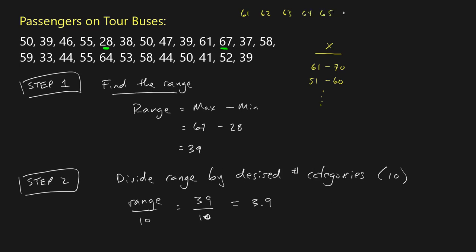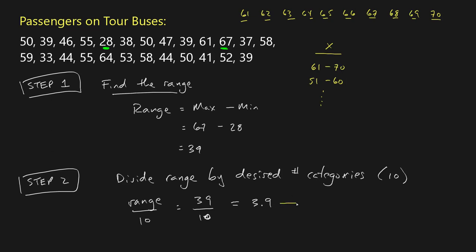Sorry, this might seem kind of simplistic, but I just want you to really see this. 68, 69, 70. Okay, so count these numbers. There's 1, 2, 3, 4, 5, 6, 7, 8, 9, 10. This, even though it doesn't go from 60 to 70, this covers 10 possible values. So this would be a category with a width of 10.